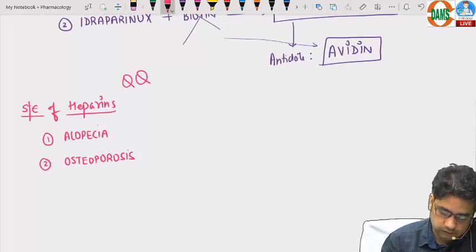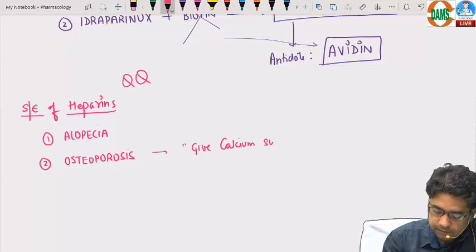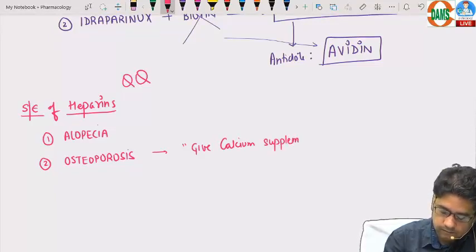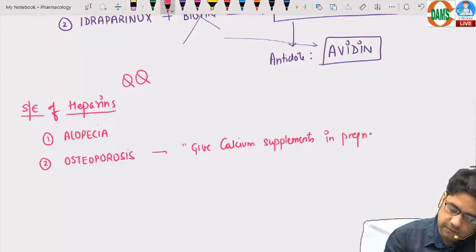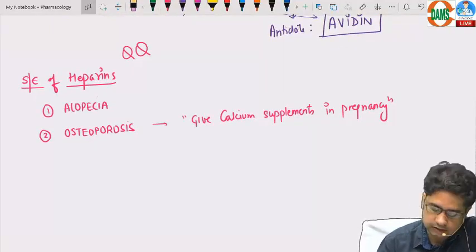Okay. That is why give calcium supplements in pregnancy, because in pregnancy the demand of calcium increases. We are coming to this part. Which anticoagulant would you like to give in pregnancy?